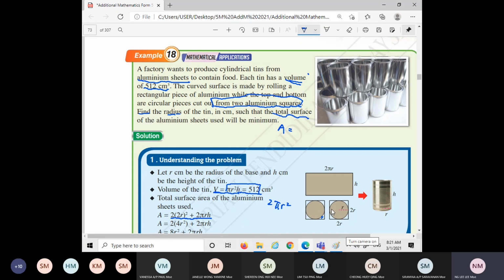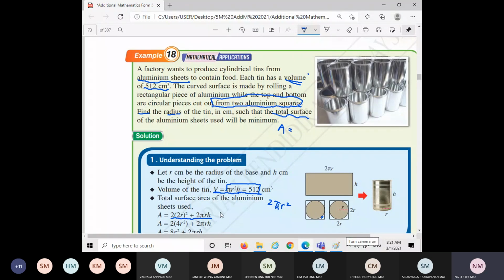The more variables, then you more headache. So this one is 2R, because this is a square, 2R and 2R. Therefore 2R squared to find the area. 2R times 2R, so you have 4R squared, and then times 2, you got 8R squared.